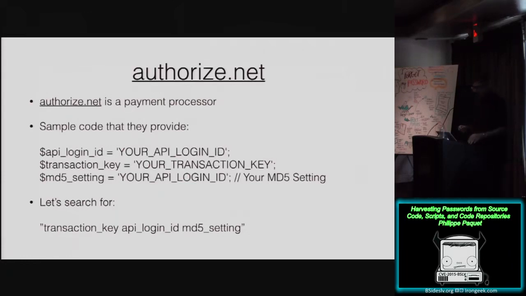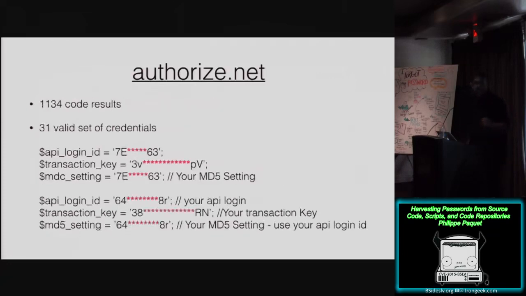A simple search for transaction key, API login ID, and MD5 settings actually gives you a bit more than 1100 results, and that gives you 31 valid sets of credentials. That's kind of a problem if you have your payment processor credentials available on the public internet. You could process payments, of course, but you could maybe process negative payments or do a purchase and refund yourself after.